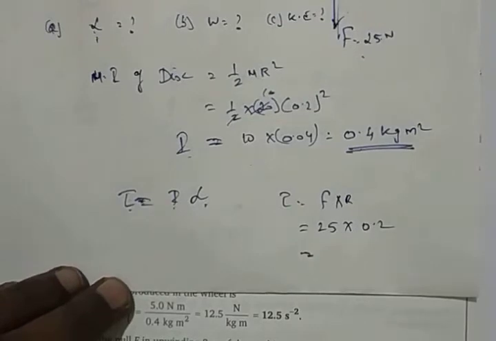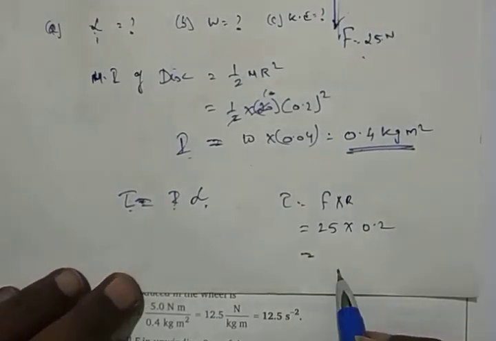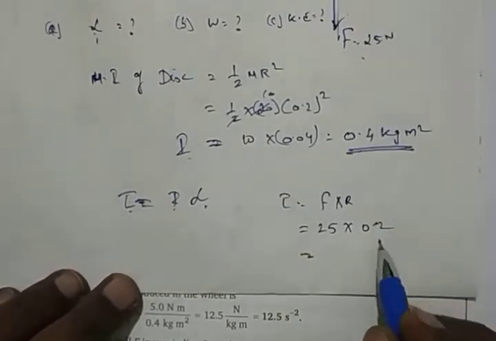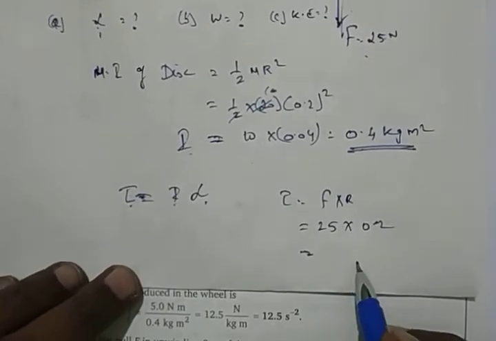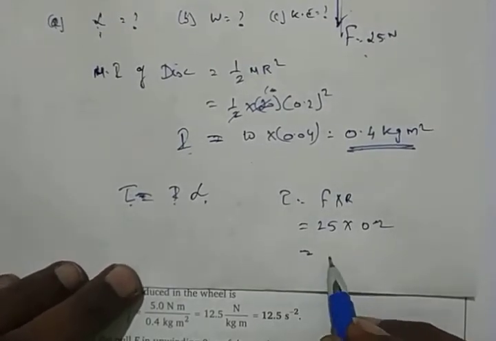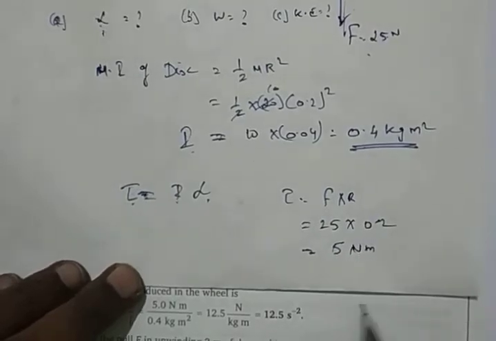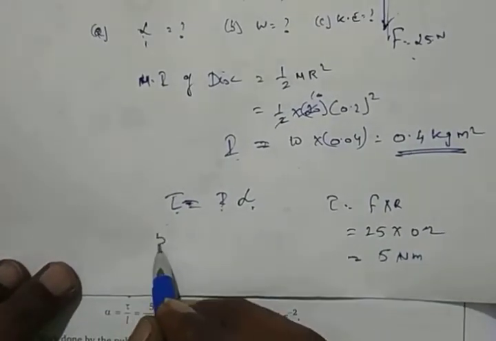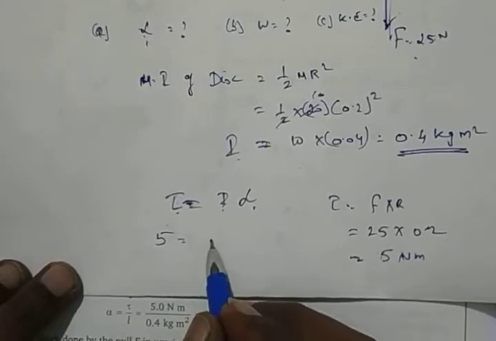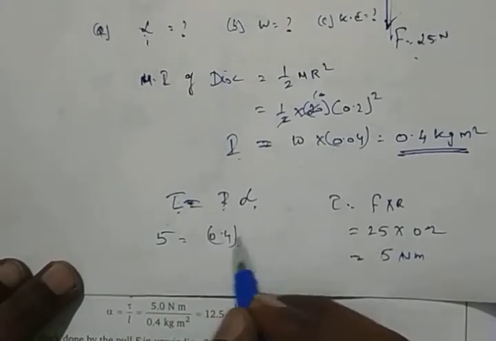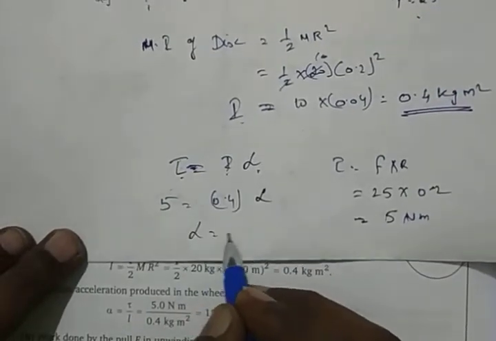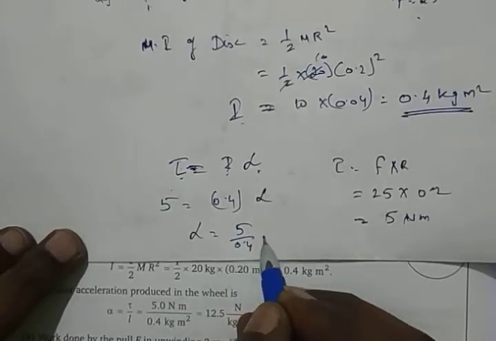So what do you get here? You get 5 newton meter. So you can substitute all of them here. 5 is going to be equal to 0.4 into alpha. So alpha is going to be equal to 5 upon 0.4.